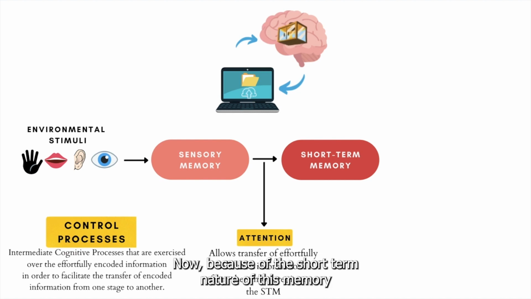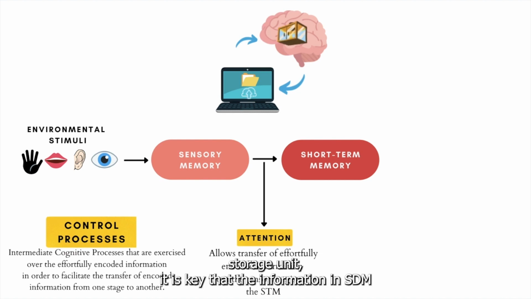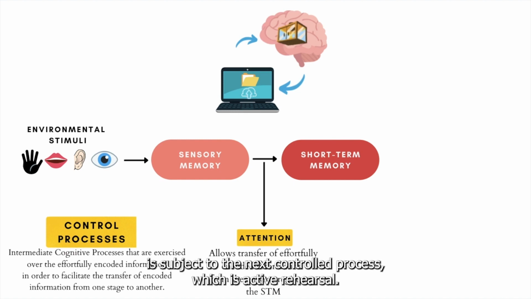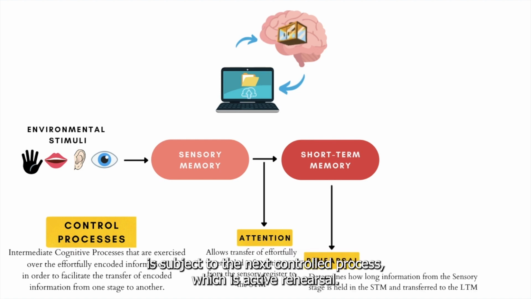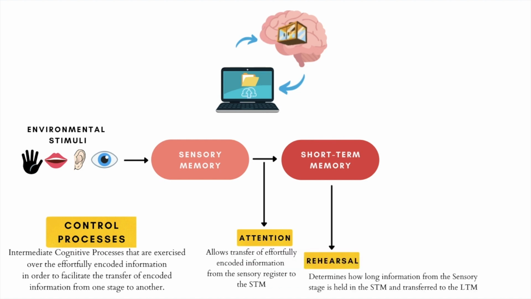This characteristic is where this unit gets its name from. Now, because of the short-term nature of this memory storage, it is key that the information in the STM is subject to the next control process, which is active rehearsal. Active rehearsal allows the information in the short-term memory to be active and maintains it there. There are various ways in which rehearsal might occur.